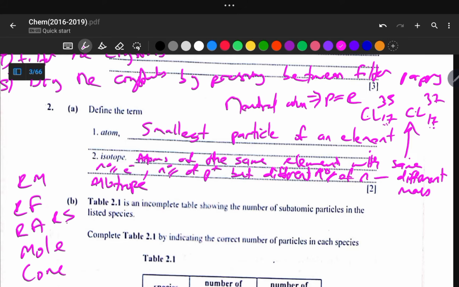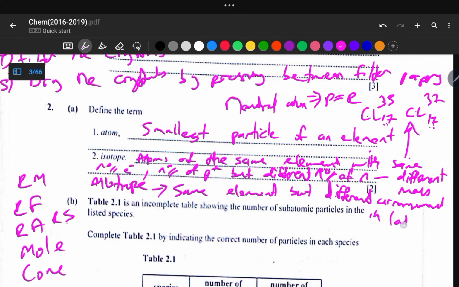And the term allotrope can be defined as atoms of the same element with a different arrangement in the lattice structure. So these are allotropes.